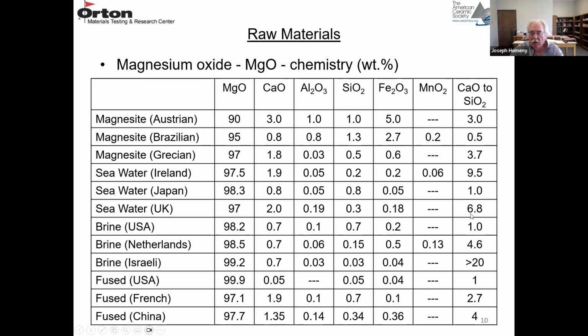If it's less than 1.86, there's a series of low melting compounds that can form. So this one's 3, that's greater than 1.86, but this one's less, 0.5. So this material can develop some low melting compounds as well as this one and this one and this one. So it doesn't mean it's not a useful refractory, it just can't be used at extremely high temperatures.